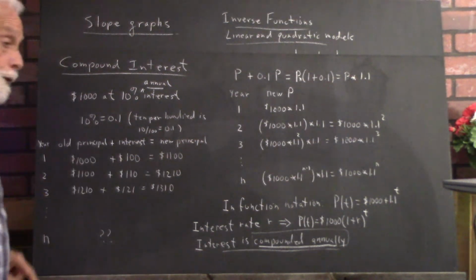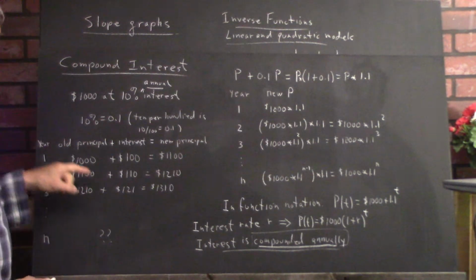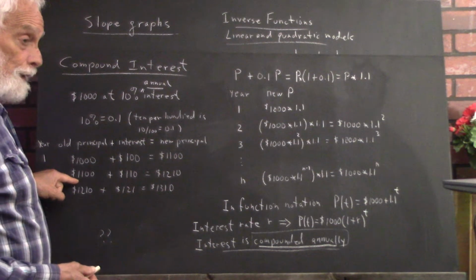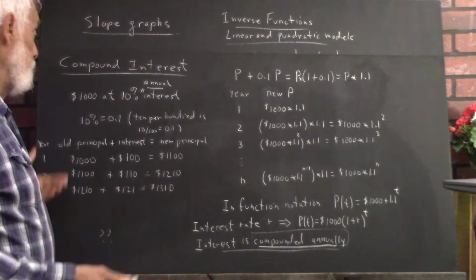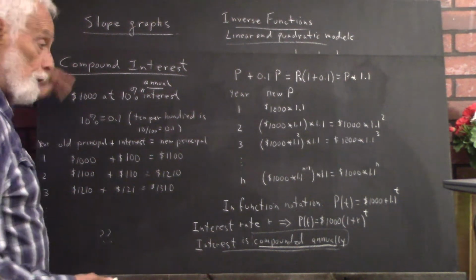Okay? In year 2, then, if you're compounding the interest, you get to take 10% of the 1,100. Now if you weren't compounding it, if it was simple interest, you just get another $100 every year because you base it on your original principal.